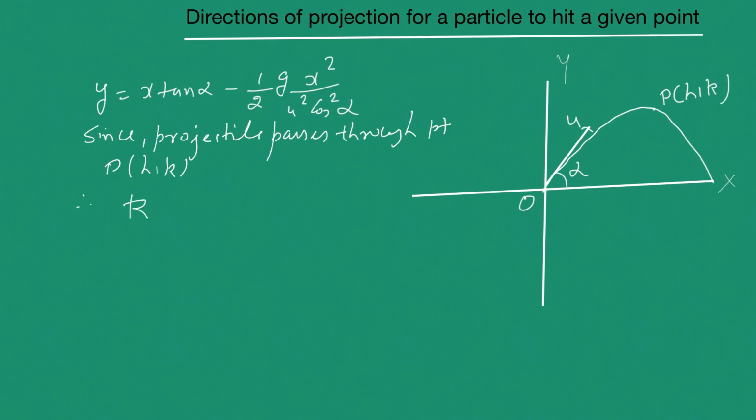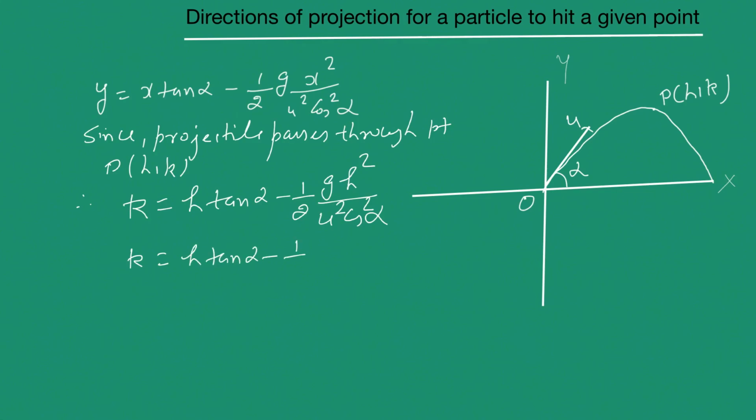So I may write k, in place of x writing h, is equal to h tan alpha minus 1 by 2 g h square by u square cos square alpha. Now 1 by cos alpha is secant alpha, so this will be secant square alpha.